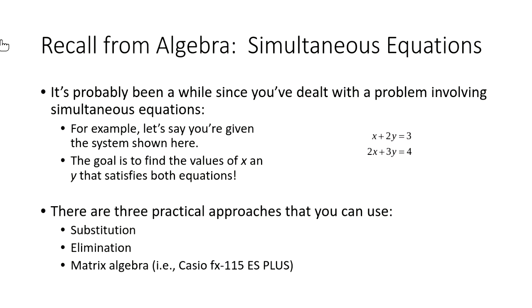I mean, actually there's quite a few, but in terms of just making sure that we all remember this from high school or from Math 127 or what have you, the 2 that you usually learn to do by hand are either substitution or elimination. But I also want to focus on using matrix algebra and specifically using your scientific calculator to do a lot of the grunt work for you.